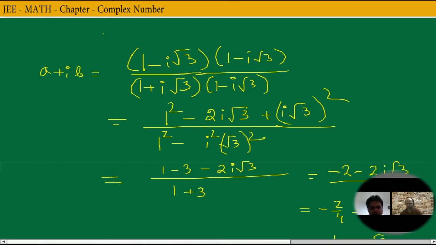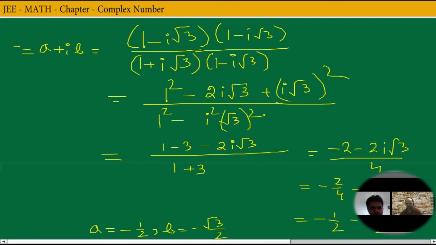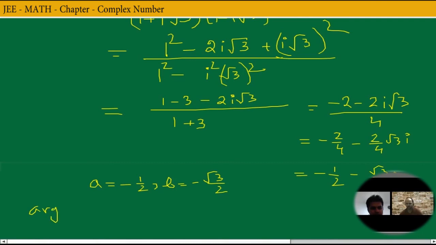By argument, what do you mean? Argument means, suppose you consider this one as z, so what would be arg of z? Don't you think it is tan inverse b over a? Oh, that argument. I thought the other argument. Okay, no problem.